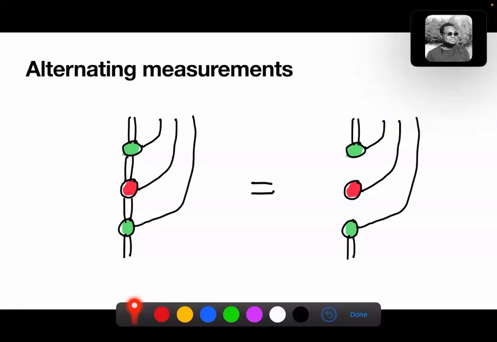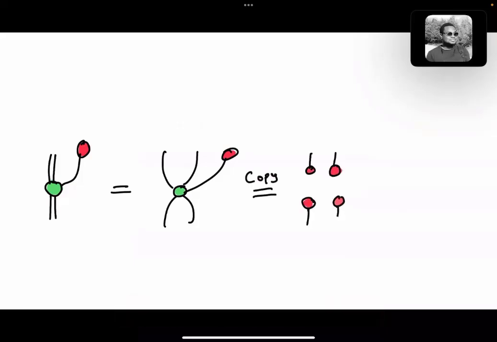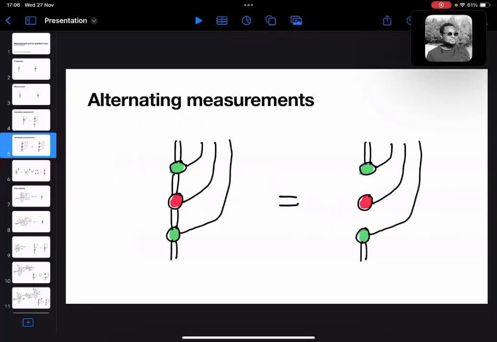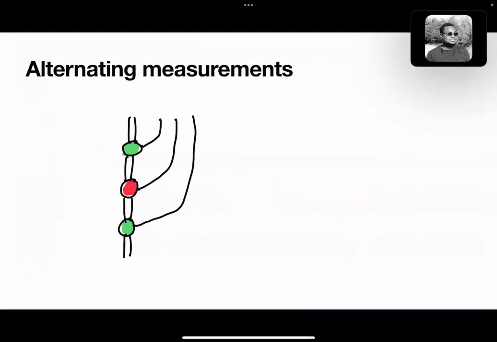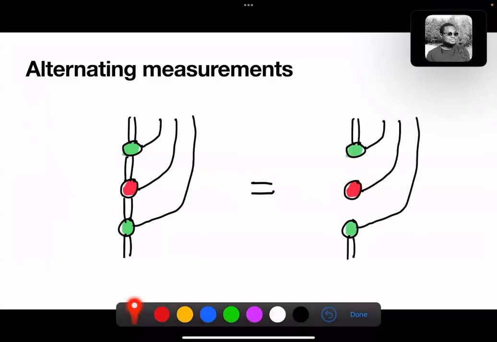And then again, something quite remarkable is that here we measure something and then we get out the classical output. In the middle, you will have some random noise, and then again, some random noise at the top.